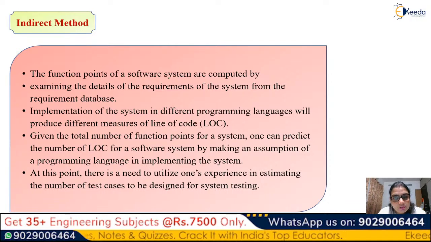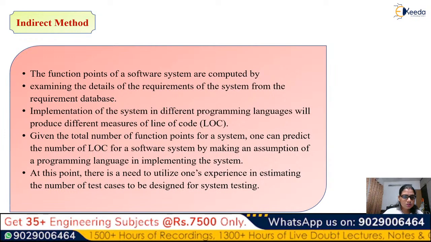Whether the code is written for Linux or Windows, whichever implementation language has been used, in the end it tells how many lines you have used. The function points of the software system are computed by examining the details of the requirements from the requirement database.